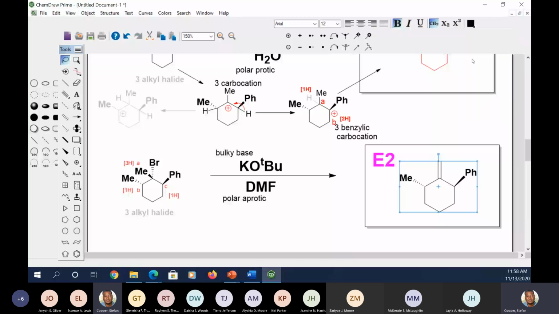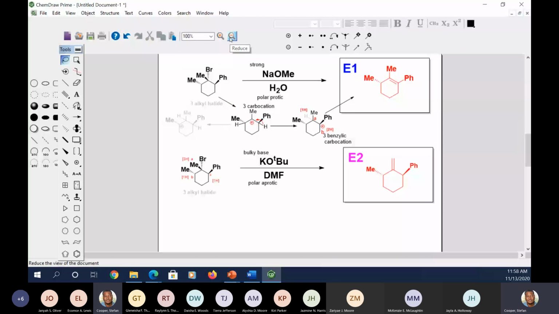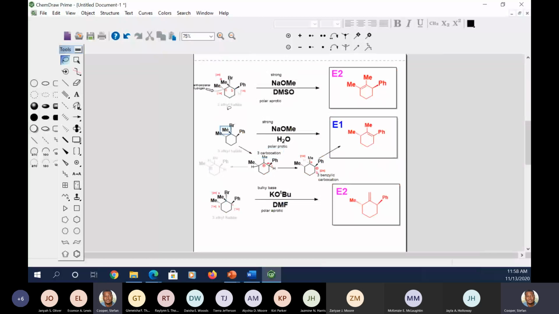All right, so if we look at the summary, one similar substrate, depending on the reaction conditions, can give me 3 different products, right?